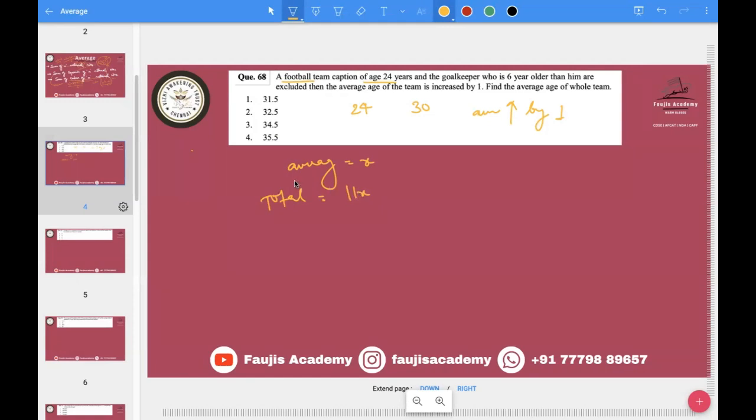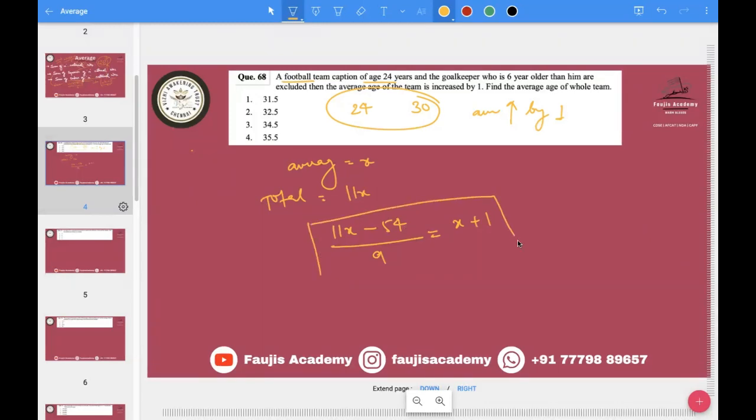If from this 11x we subtract these two, how much is that? 54, right? And how many players remain? Two are gone, only 9 remain, which is equal to what? The average increased by 1, so x plus 1.